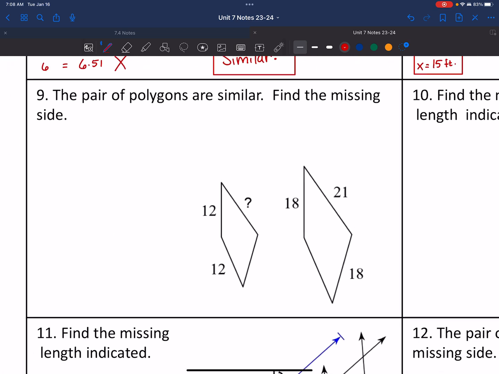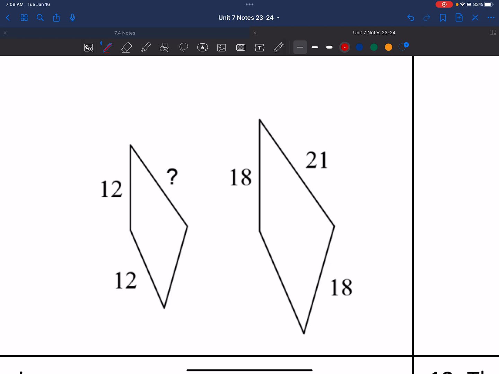All right, number 9, it says the pair of polygons are similar. Find the missing side. So we already know that these polygons, these quadrilaterals, are similar, okay? I just need to figure out how big this missing side is. So I'm going to create a proportion using like sides, corresponding sides, right?